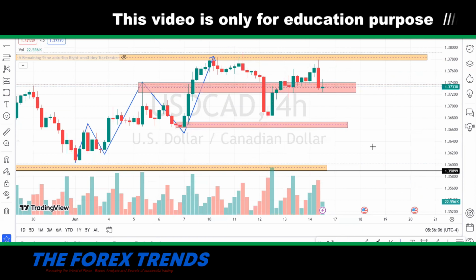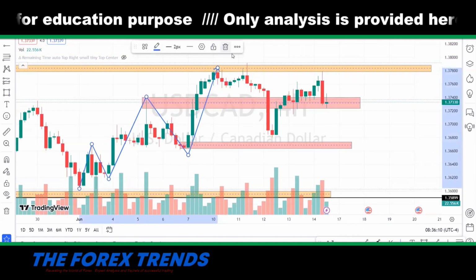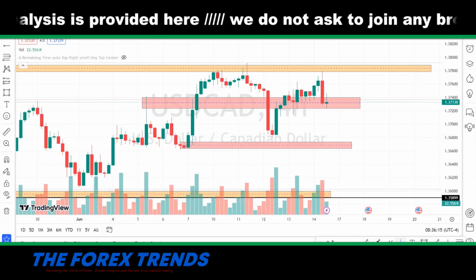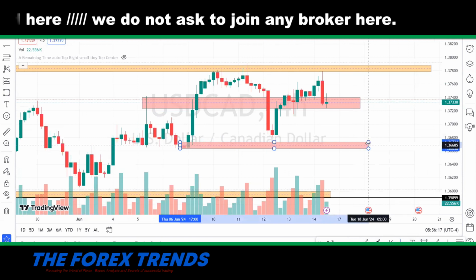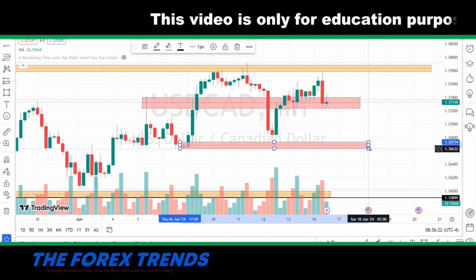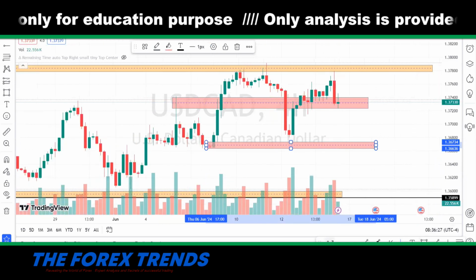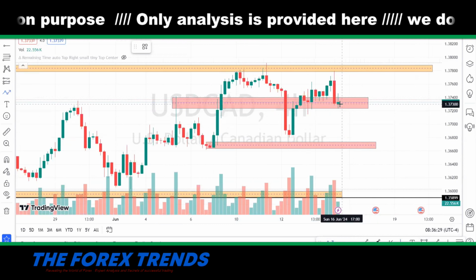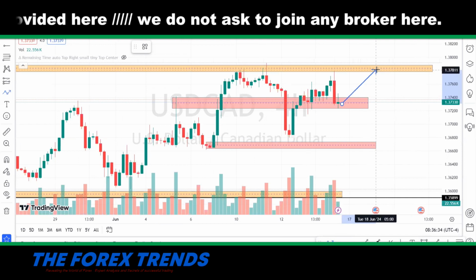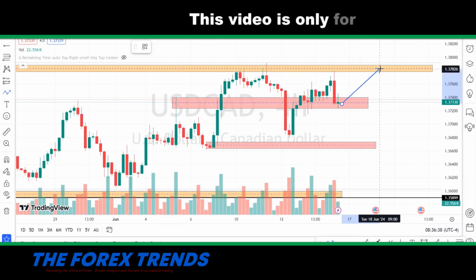So what would be our trade plan in USD CAD as per structure? If we get the price at this level, that is 1.3670 to 1.3663 level, we may initiate a buy from here. If we get the price at this level, this is a strong resistance, 1.3780 level, we may initiate a sell again from here.